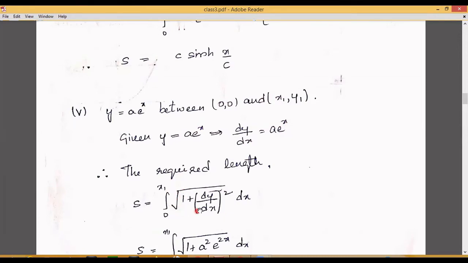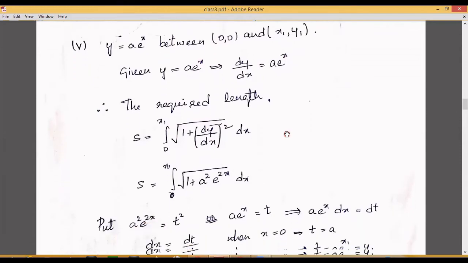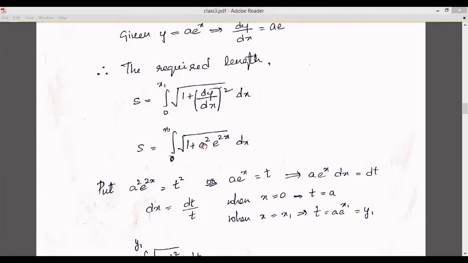So root of 1 plus dy by dx whole square will be a square e power 2x. Here I have taken the substitution a into e power x equal to t. Once you take a into e power x as t, you have 1 plus t square here. You can see this is a square and this is e power x whole square, or e power 2x.